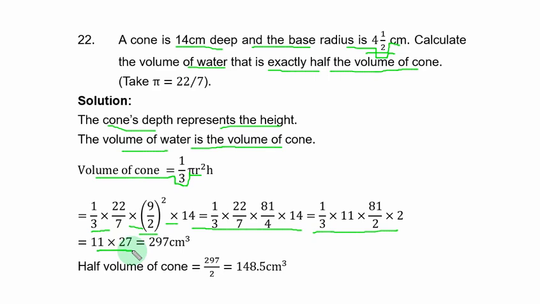The volume becomes 297 cubic centimeters. We are interested in half the volume of the cone. Half means you divide it by 2, and that is 148.5 cubic centimeters.